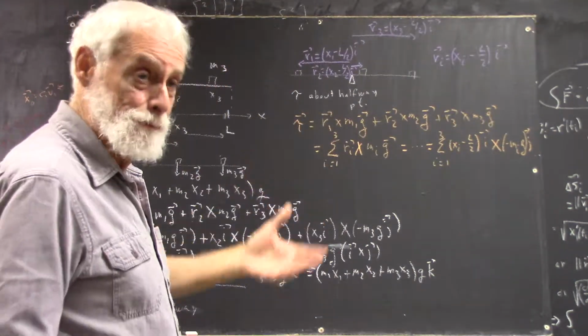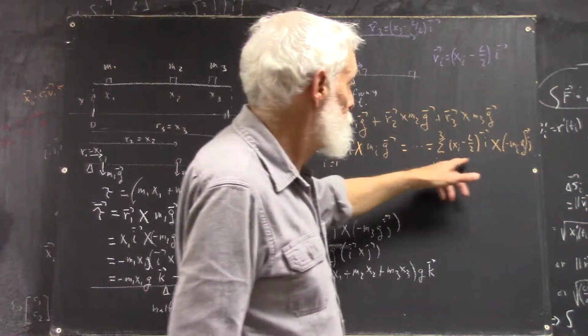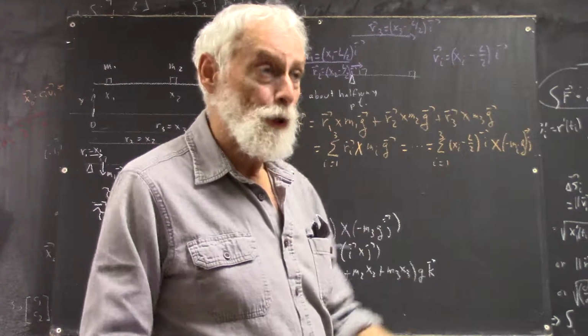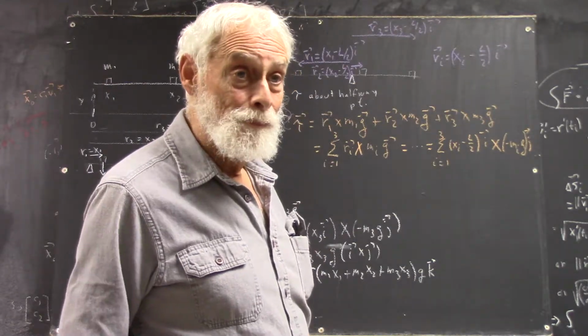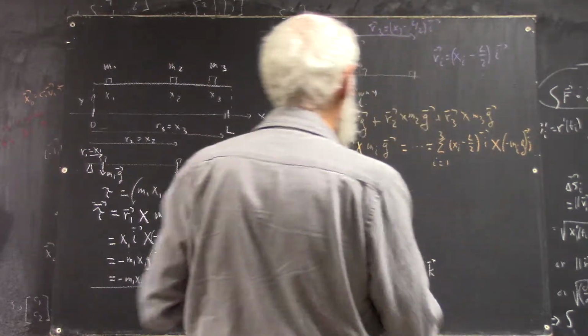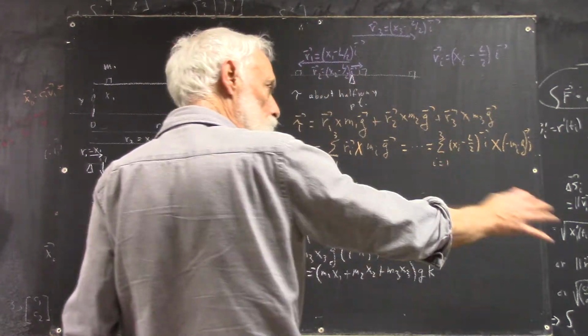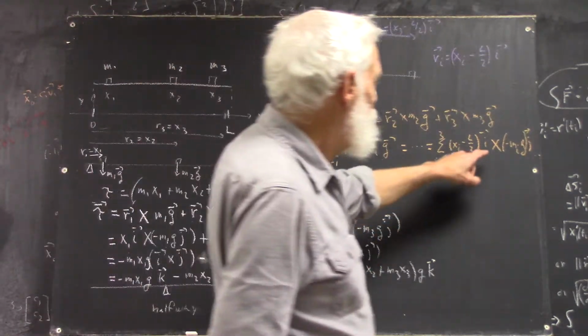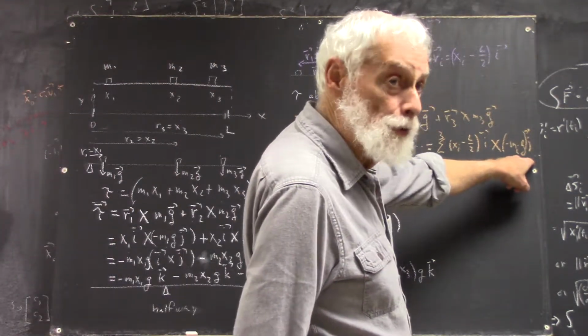And if that isn't clear, take your notes and write it out. Okay? But this helps clarify what's going on without having to look at a long expression. Well, in every case, you're going to have an i cross j, which is a k, right?